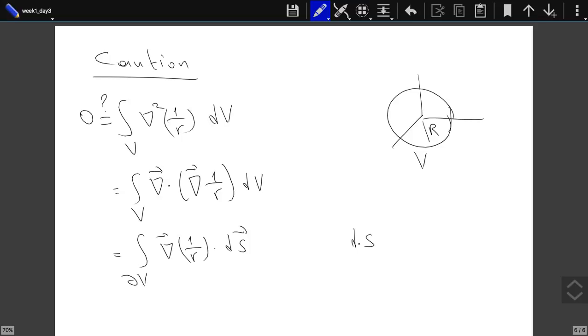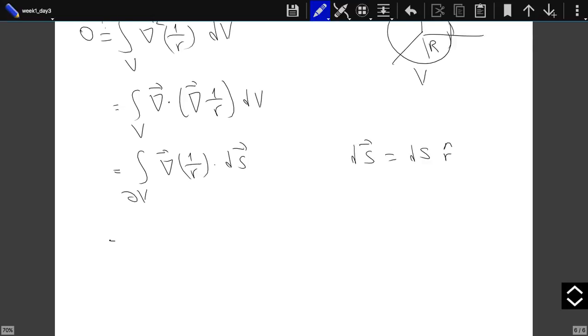Now this dS, if we take a very small surface element, will be its magnitude in the radial direction. Right? So this will be equal to del V dot r hat in the radial direction.